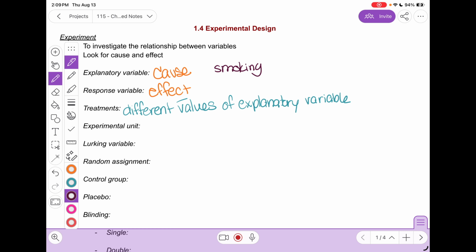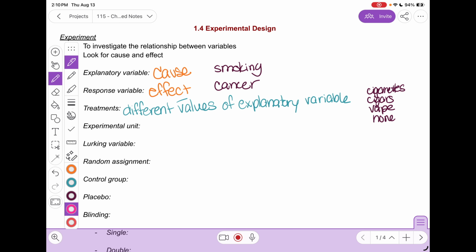The response would be cancer. Did you get cancer from smoking? And then the treatments would be the different types of smoking. Like, did you smoke cigarettes? Did you smoke cigars? Did you vape? Did you do none? Those are all different treatments, as well as the amounts of each of those.